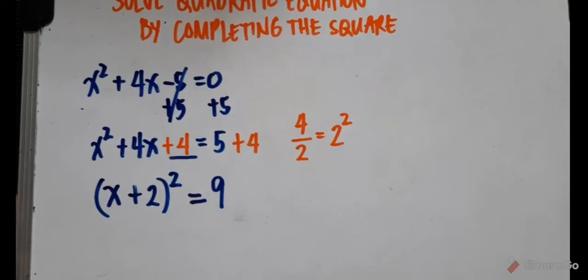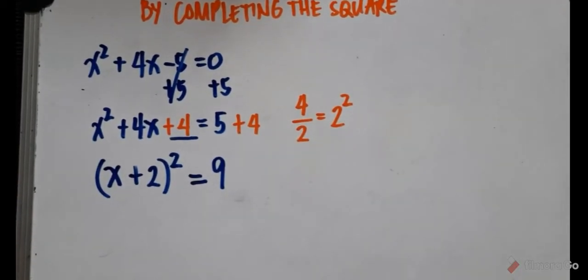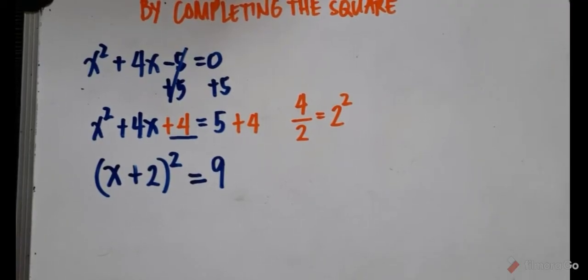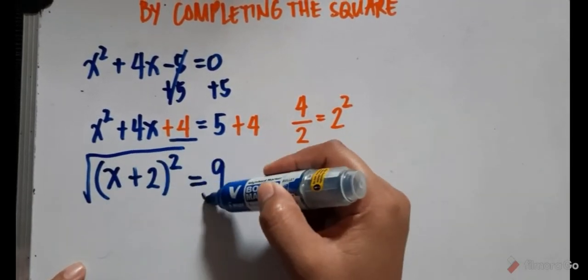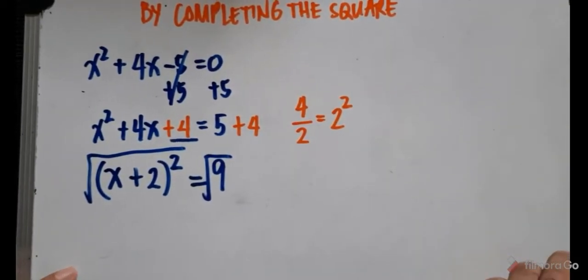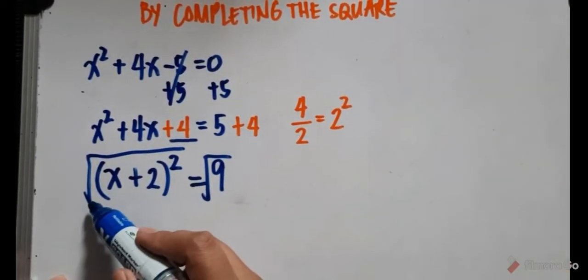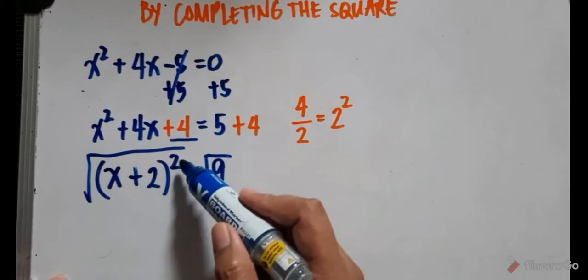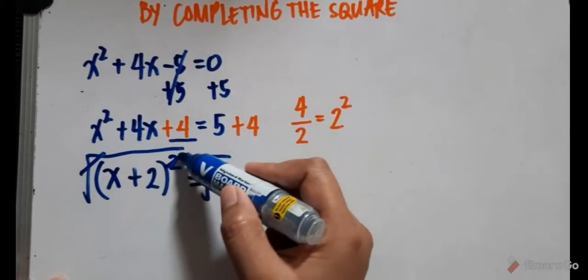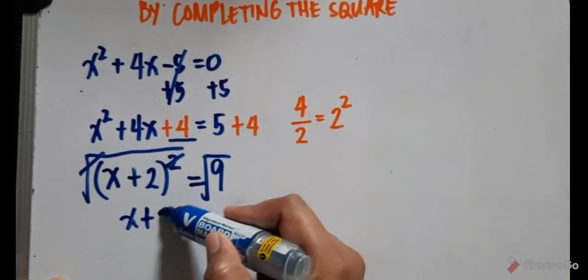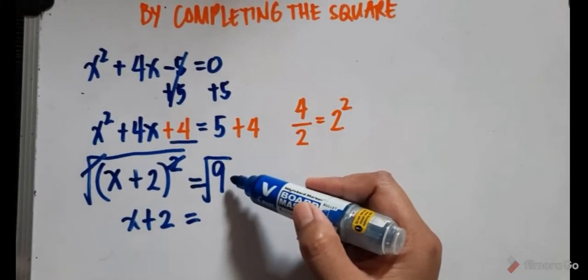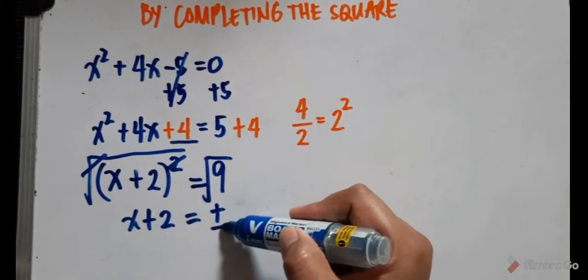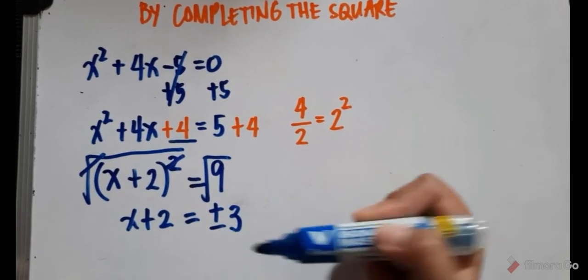After this, we need to solve by extracting the square root. So, we put the square root on both sides of the equation. Square root of the quantity x plus 2 squared is equal to x plus 2. And the square root of 9 will have positive and negative 3.